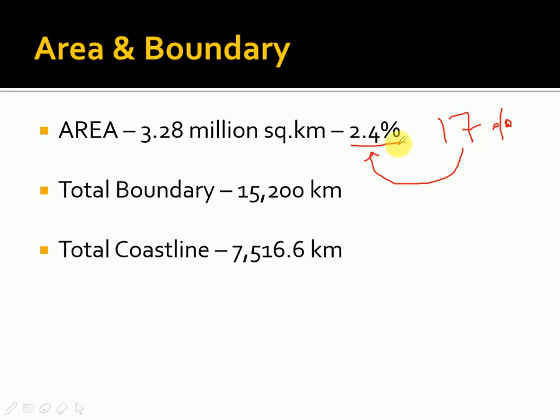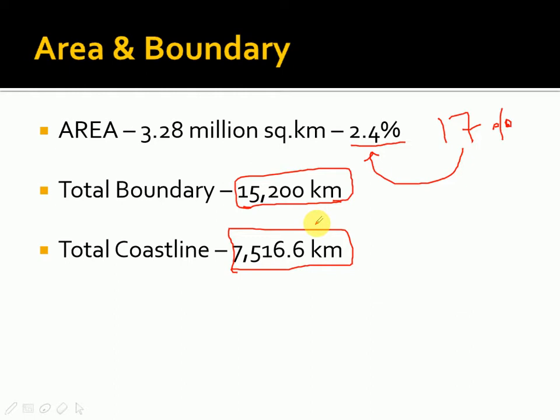That's our beauty. The total boundary of India, including the coastline and our international boundaries with Pakistan, China, Nepal, is 15,200 kilometers. And the total coastline of India is 7,516.6 kilometers. Okay, I will show you these figures again, and in a very interesting way.